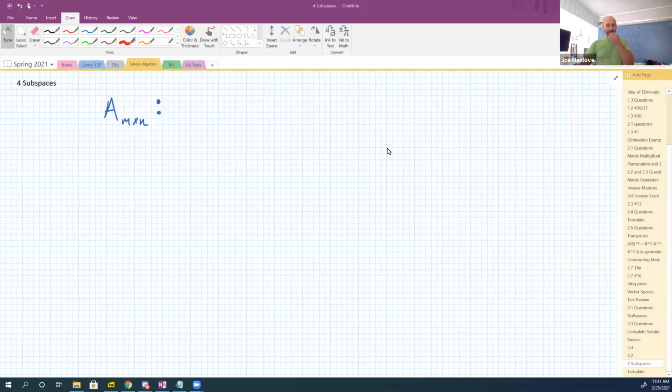Let's talk about the four subspaces. So I have a matrix A that I'm going to take to be m by n, and I need to know where that thing maps to and from. So what's the domain of my matrix A if it's m by n? It's one of these big old puppies.